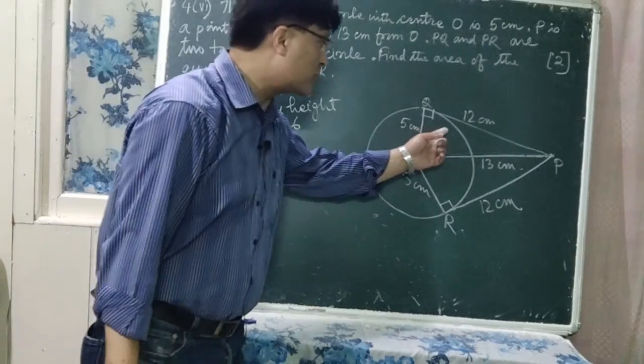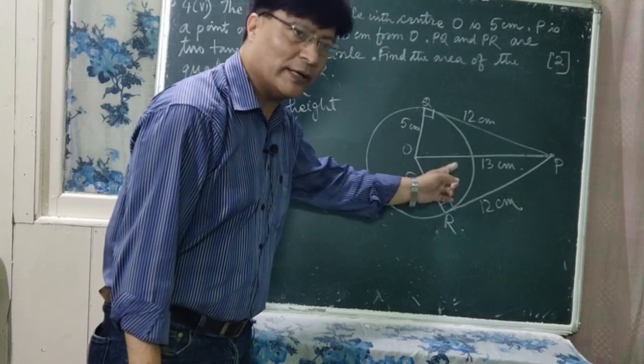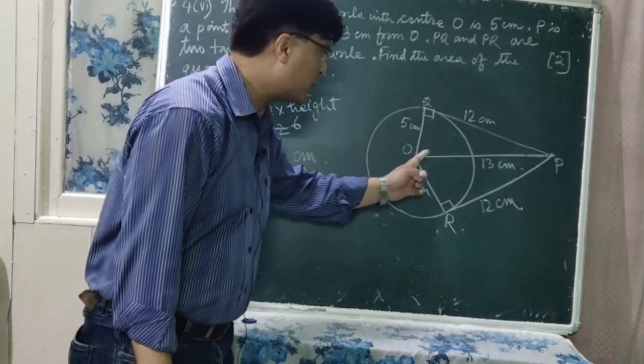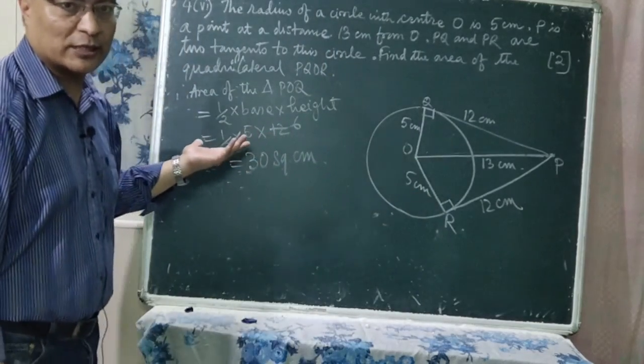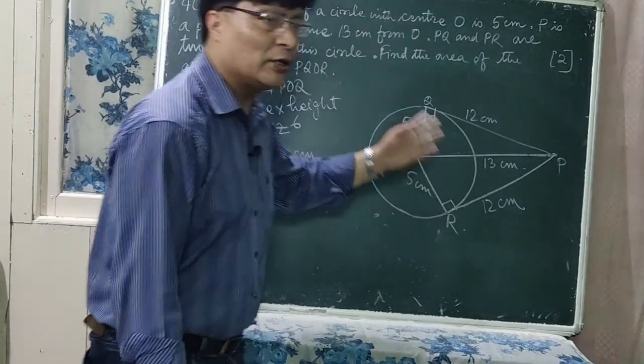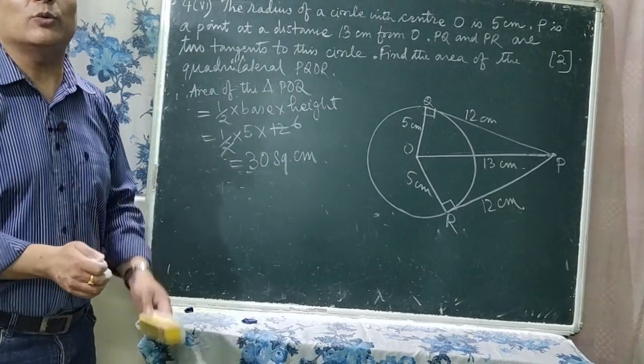So you know that these two triangles are of equal area. If the area of the triangle POQ is 30 square centimeter, area of the triangle POR is also 30 square centimeter. So how can you get the area of the quadrilateral PQOR? You have to multiply this 30 by 2 so that you can get the area of the quadrilateral PQOR.